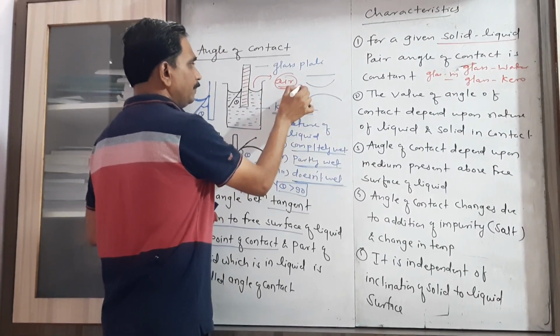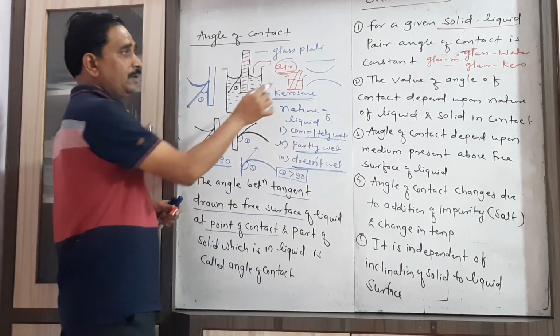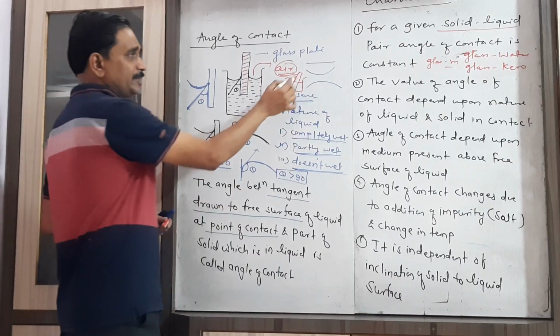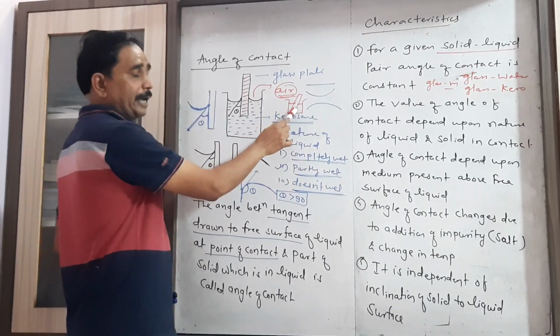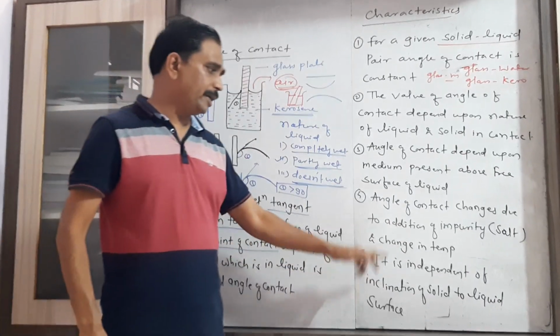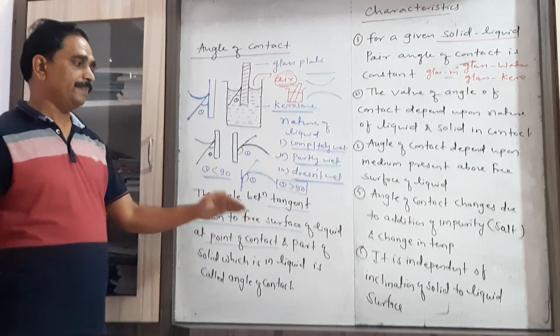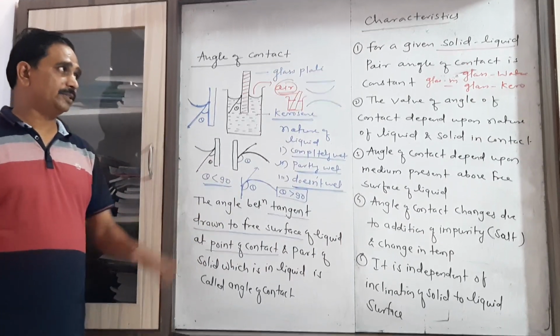If I dip this solid in exactly vertical position or in inclined position, means by making some angle, in both cases the angle of contact remains the same. So it is independent of the inclination of solid to the liquid surface.